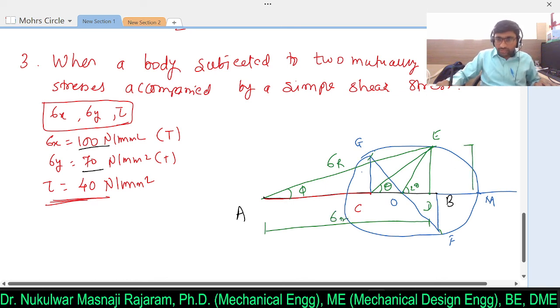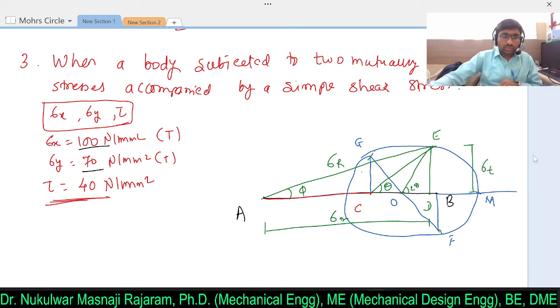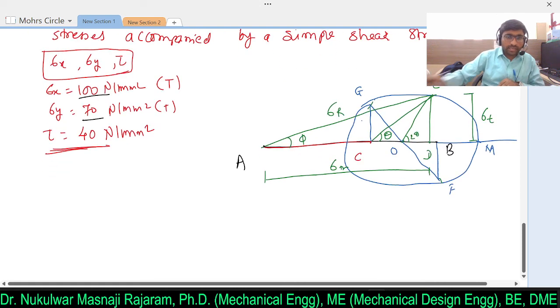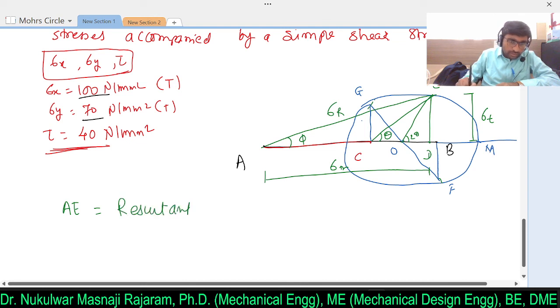If I measure E to D, here I will get the tangential stress. So from the third case I can say that length AE is nothing but the resultant stress on oblique plane.